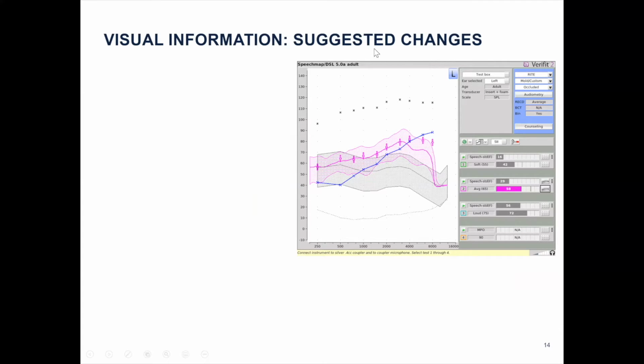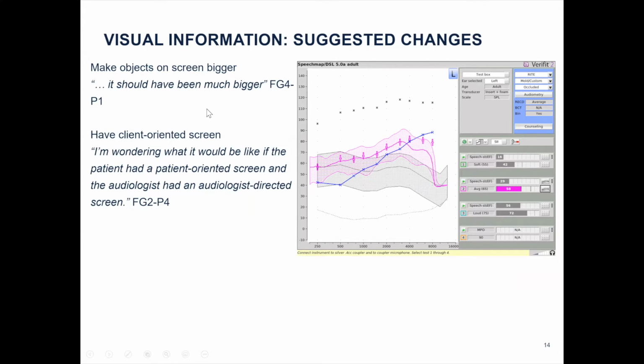So this was the screen that people were looking at during the focus groups. And some of their suggestions were really basic things like make it bigger, have a screen that's client oriented. So maybe there's something the audiologist needs to look at for their tests.